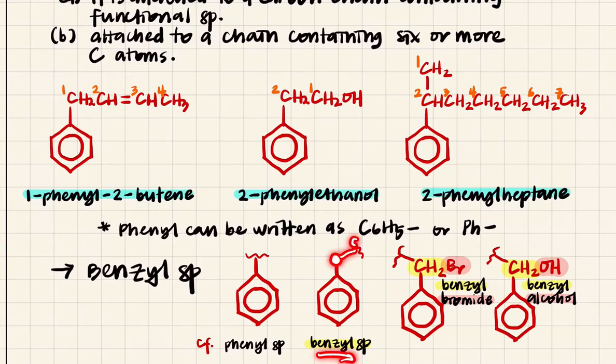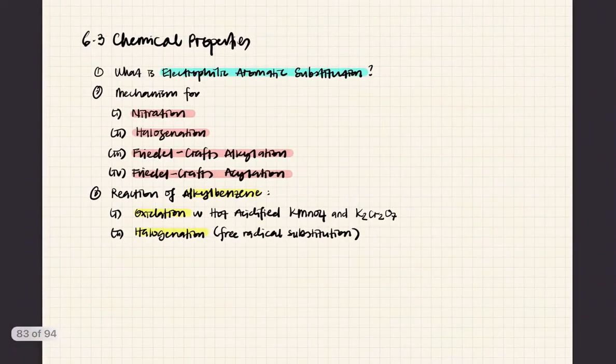Okay, sebelum sambung kat parent chain. So ini panggil benzyl. Alright, so when your carbon here, this methyl group is attached to Br, dia jadi benzyl bromide. Bila dia attached to OH, dia jadi benzyl alcohol. So take note of that, alright? Alright, so itu adalah first part.